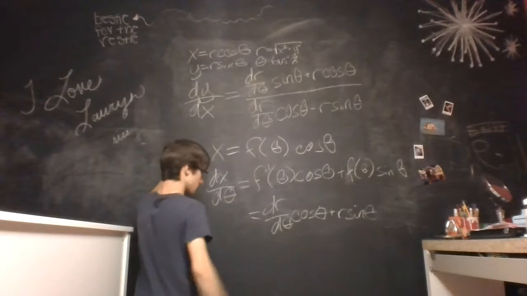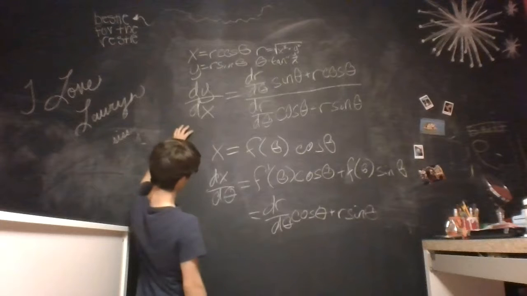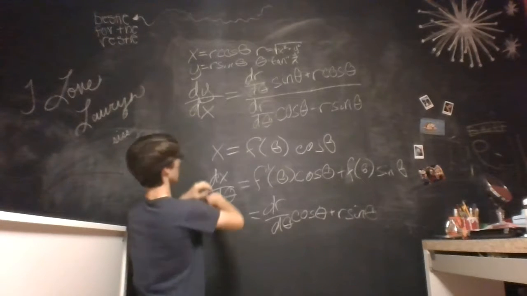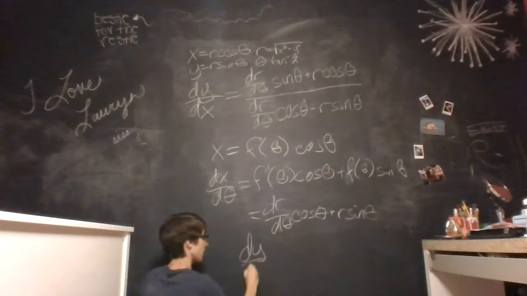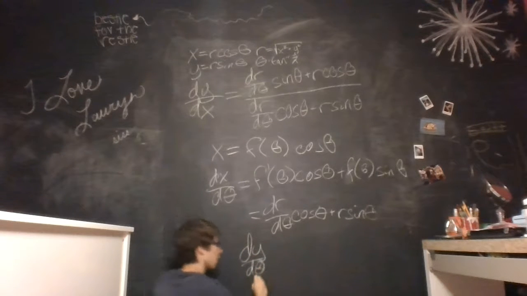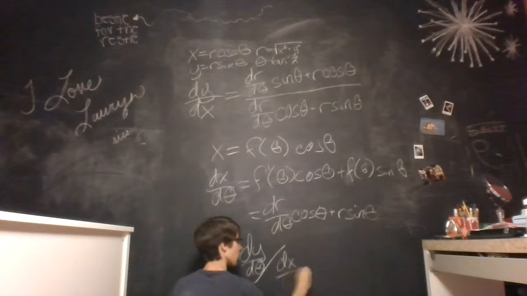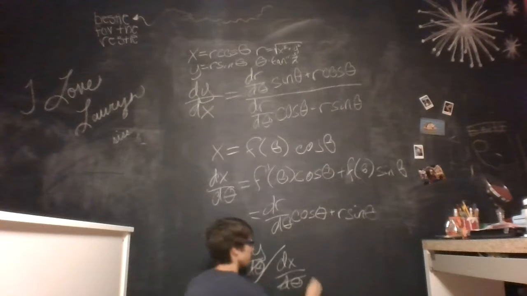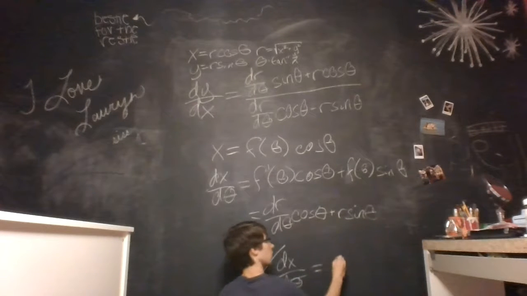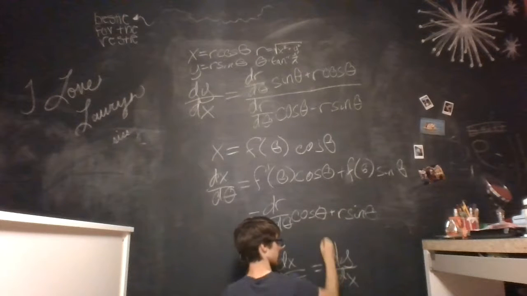And since we have two independent equations, we'll have dy over d theta all over dx over d theta. The d thetas will cancel out, letting this equal dy over dx.